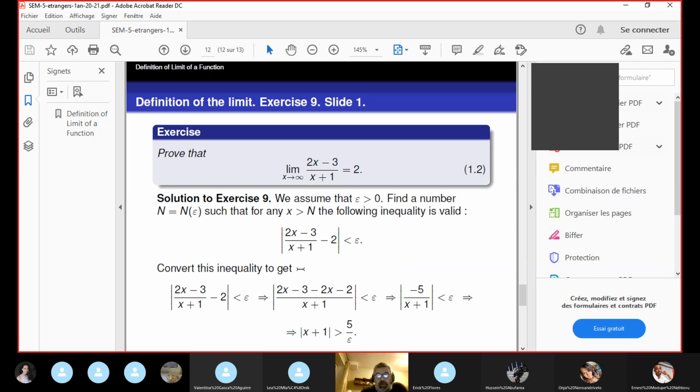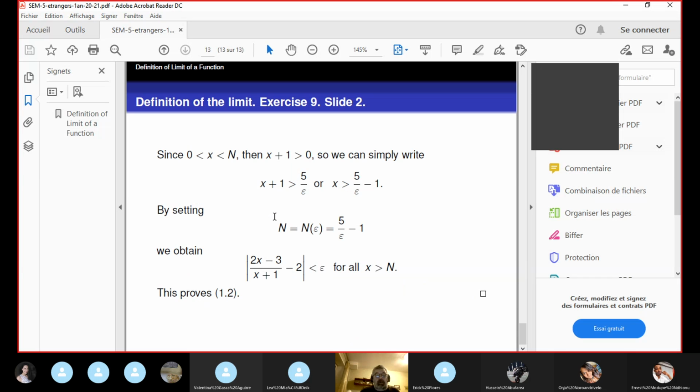Here maybe it is a misprint, so I have to write x goes to plus infinity. That is, our x is positive, then we have that x is greater than 5 over epsilon minus 1. And in this case, we can set capital N as 5 over epsilon minus 1. Then the absolute value of 2x minus 3 over x plus 1 minus 2 will be less than epsilon for all x greater than N.